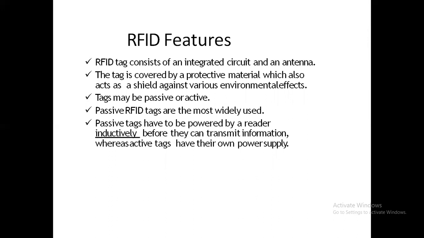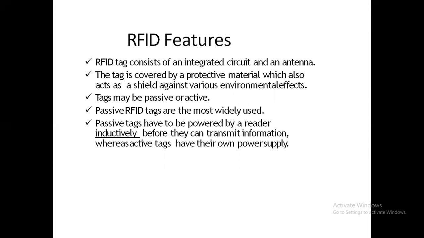Tags may be passive or active. Passive RFID tags are the most widely used. Passive tags are powered by the reader inductively before they can transmit information, whereas active tags have their own power supply.